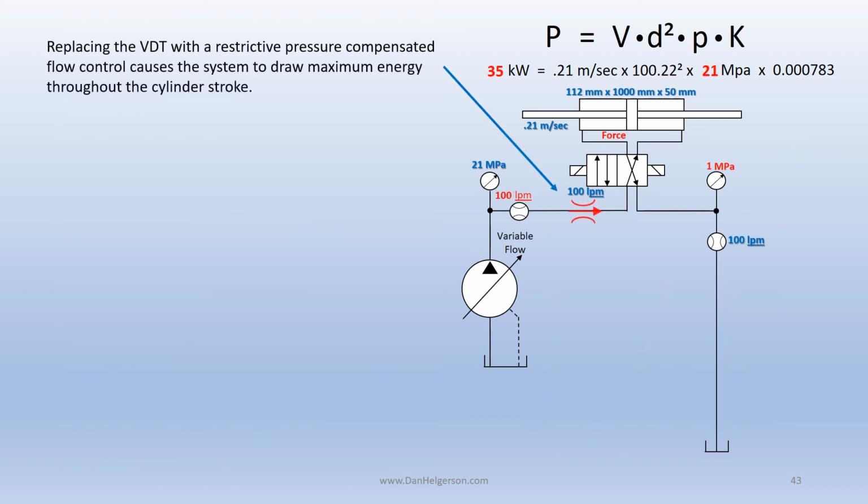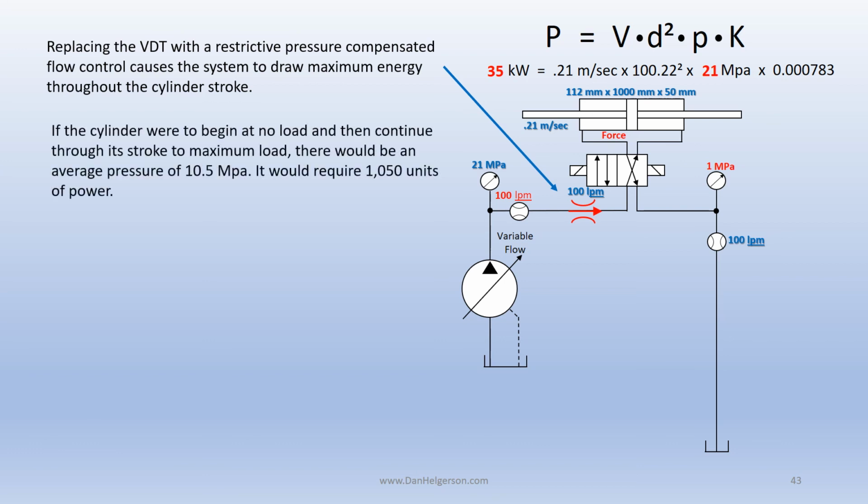Replacing the VDT with a restrictive pressure-compensated flow control causes the system to draw maximum energy throughout the cylinder stroke. If the cylinder were to begin at no load and then continue through its stroke to maximum load, there would be an average pressure of 10.5 megapascals, and it would require 1,050 units of power.